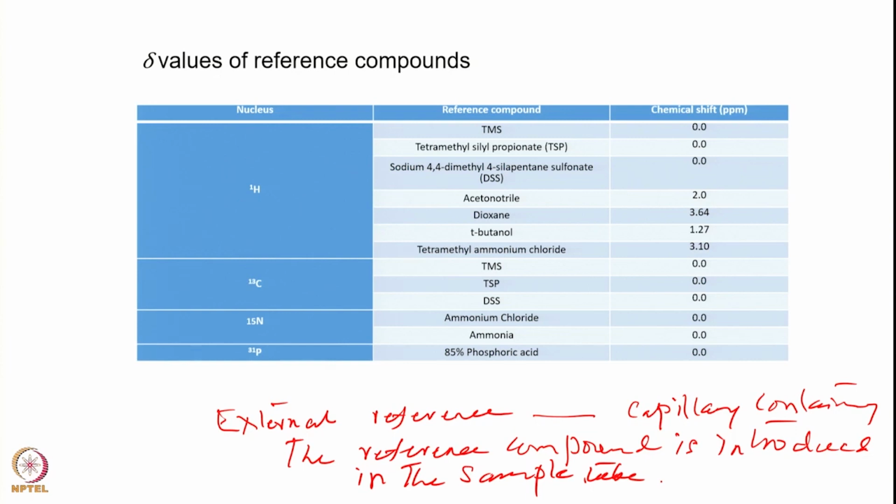Sometimes, if you are working with water, you look at the water signal itself and make that the reference compound. Often you do not like to put additional molecules inside your sample, especially when you are working with biological systems with proteins or nucleic acids or any other biological system. You do not want to introduce an external molecule, external perturbation, because it can change your conditions, it may change the pH or things like that.